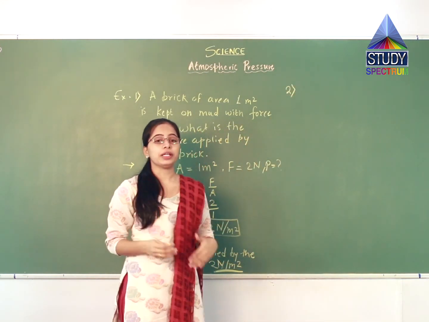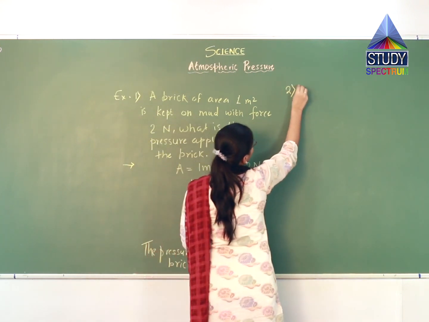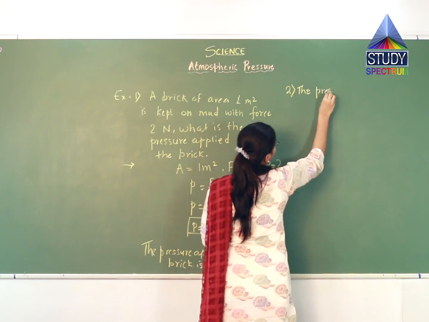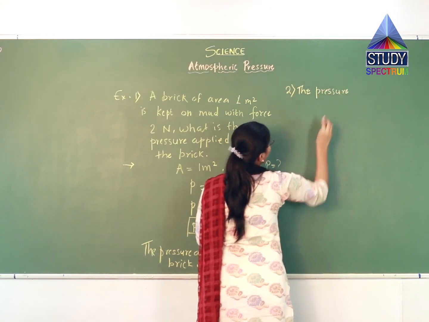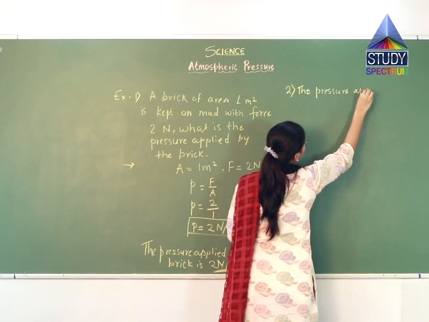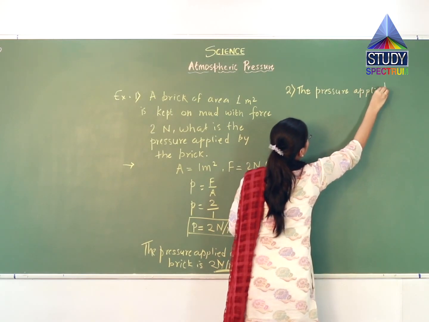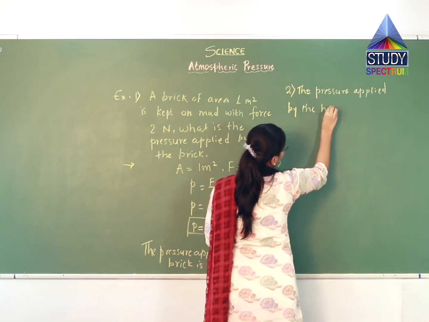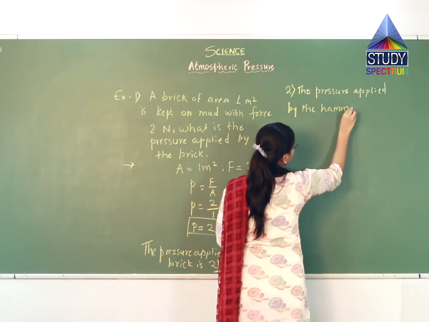So this is because of the atmospheric pressure. In the bucket you have color, and on the surface of the color your atmospheric pressure is acting. So that atmospheric pressure pushes the color inside the spray pump. So this is the best example of atmospheric pressure here.